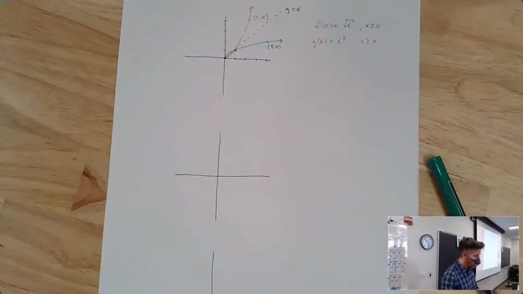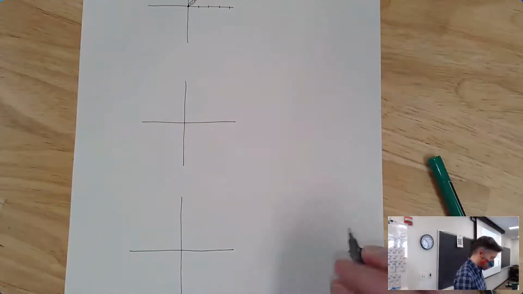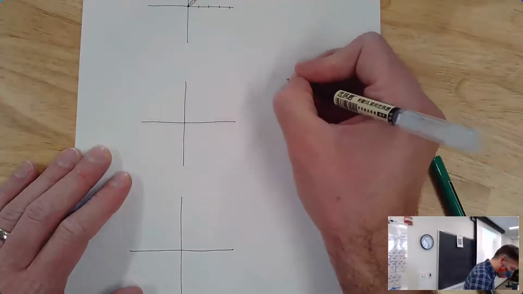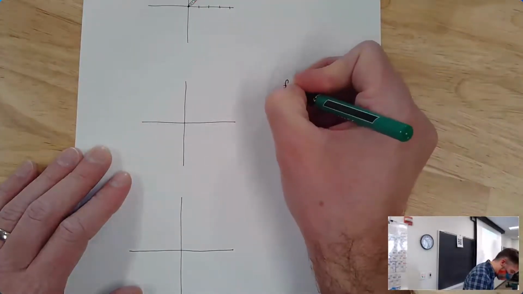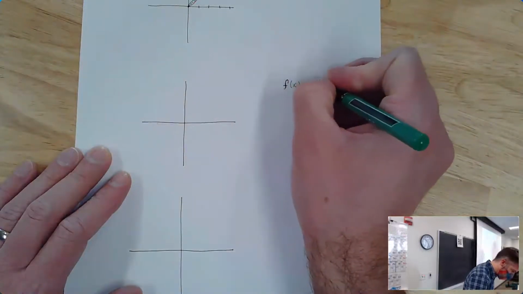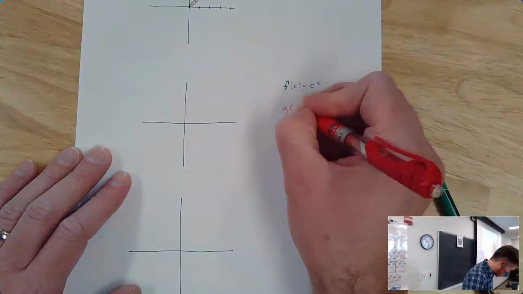Let's look at the other two examples that we've talked about. Oops, I wanted to use green, sorry. So look at f of x equal to e to the x and g of x equal to the natural log of x.